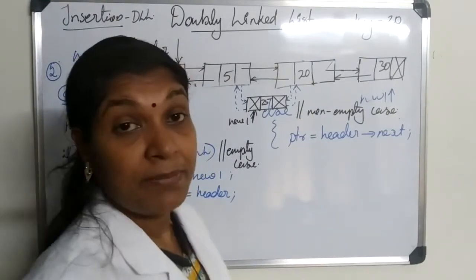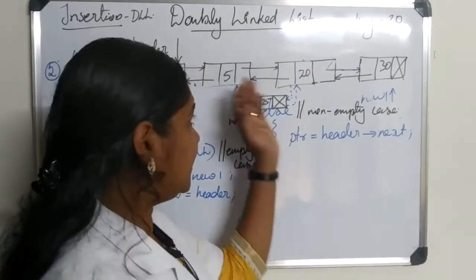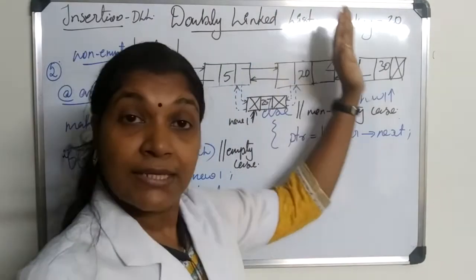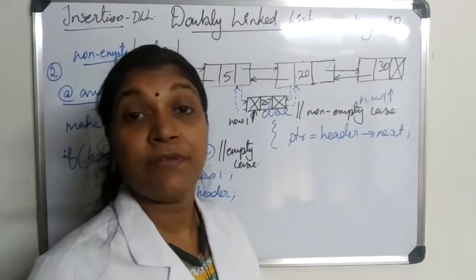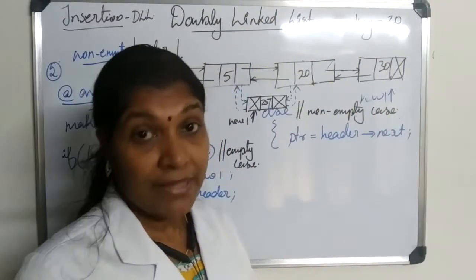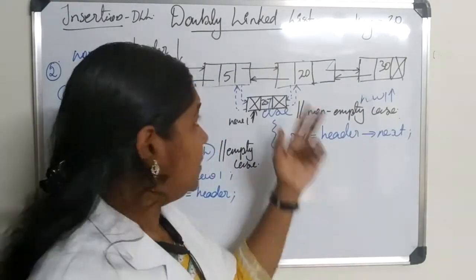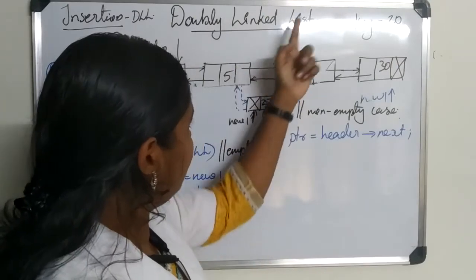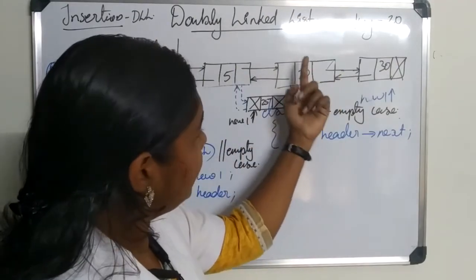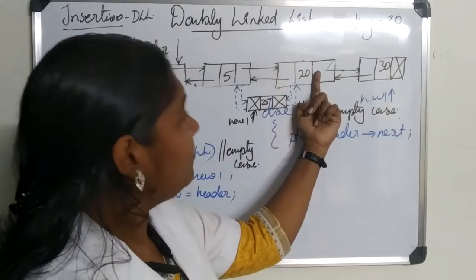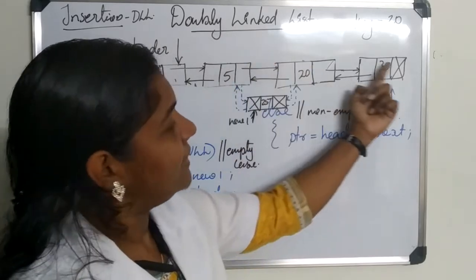And here what is the peculiarity after traversing is that there is no need to make a second pointer to follow the first pointer. Why? Because we have the provision to go back, look backward. That is, if we are standing or pointing at this node, we can point to the previous node as well as the next node.